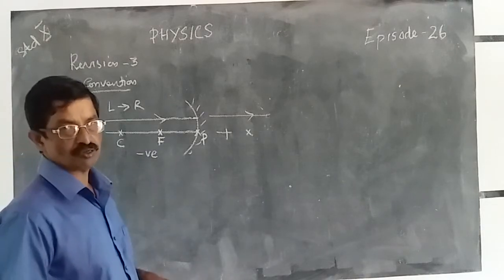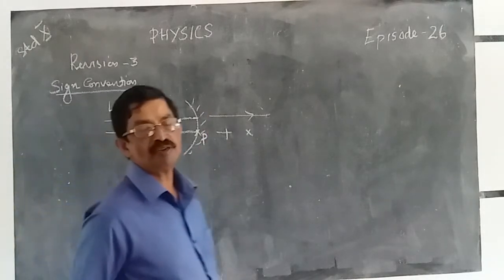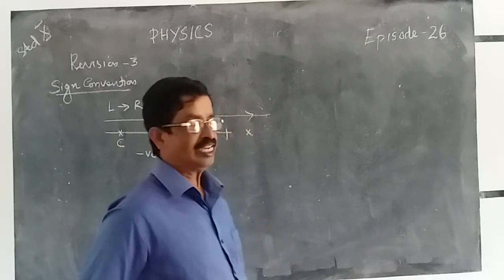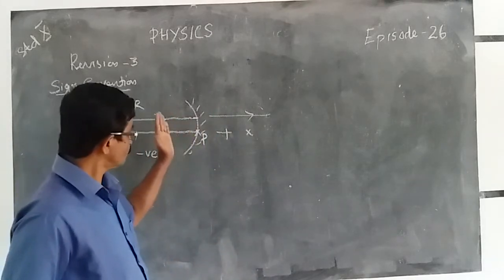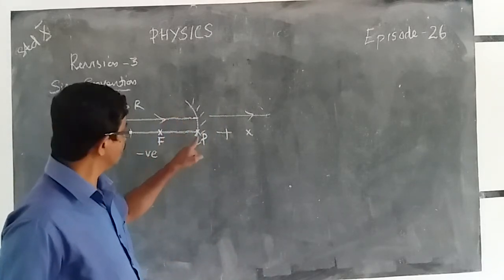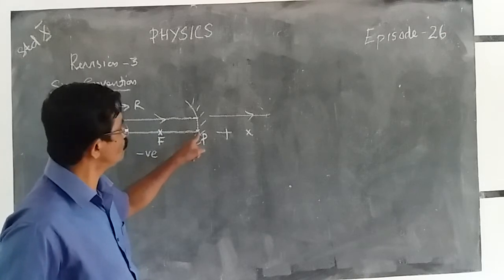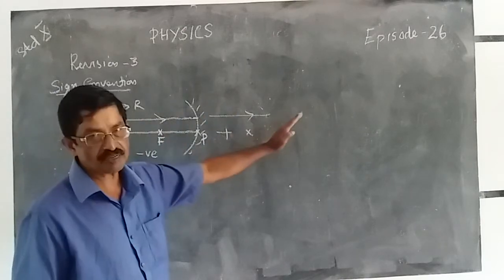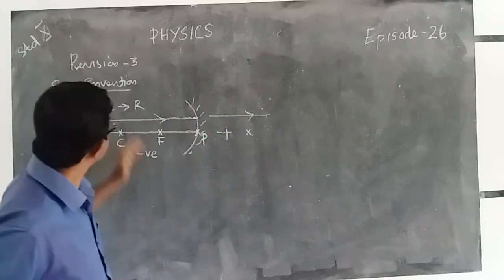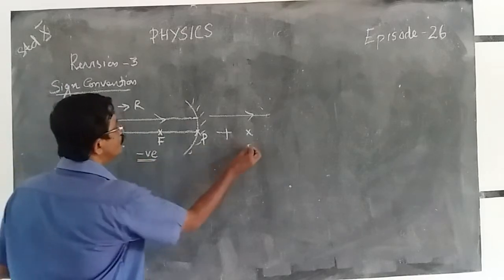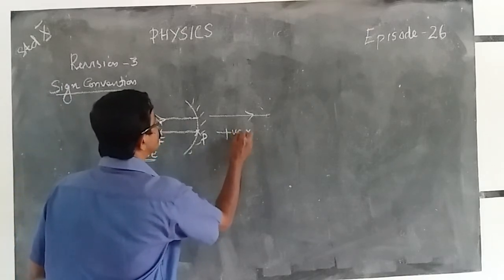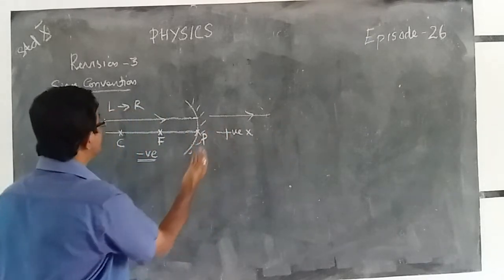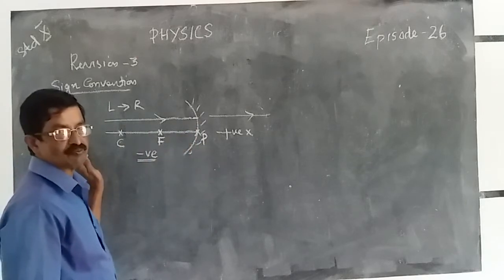This is one rule to find in which direction we take positive and in which direction negative. If the distance from the pole is to the left, it will be negative, and if it is to the right, it will be positive. That is, right of the pole is positive and left of the pole is negative.